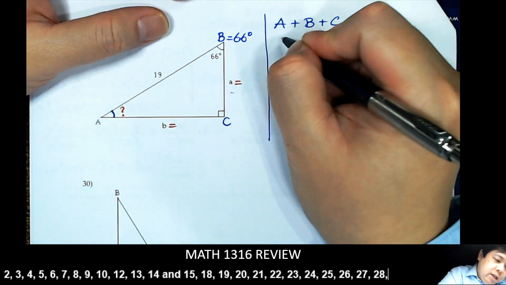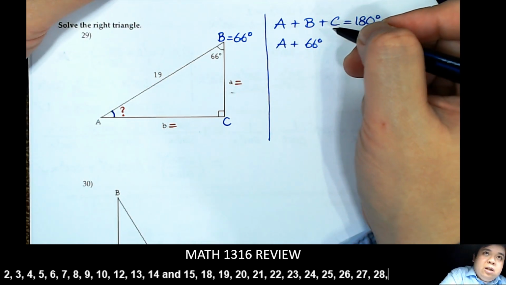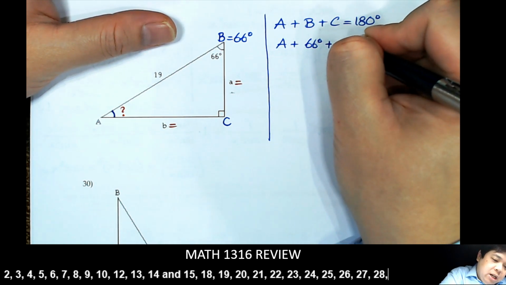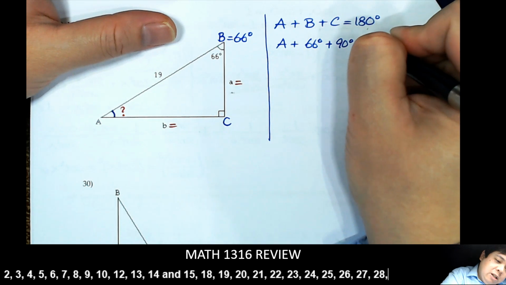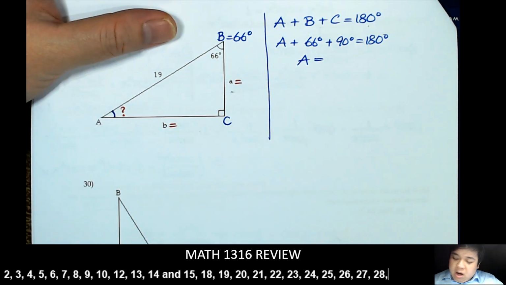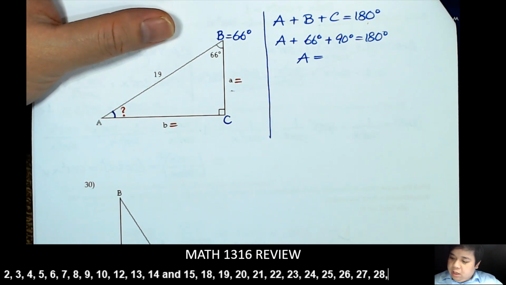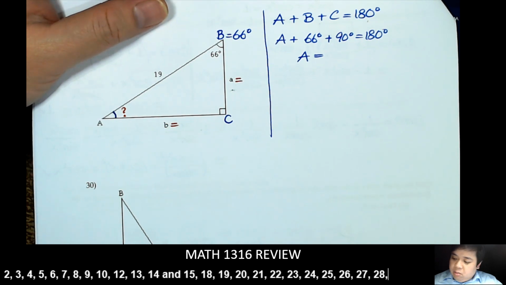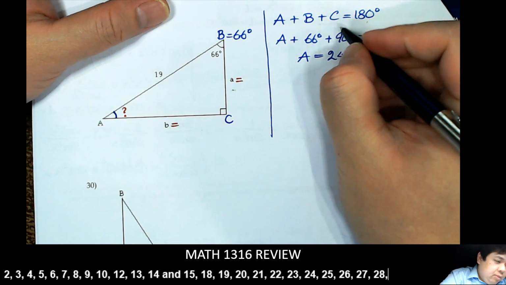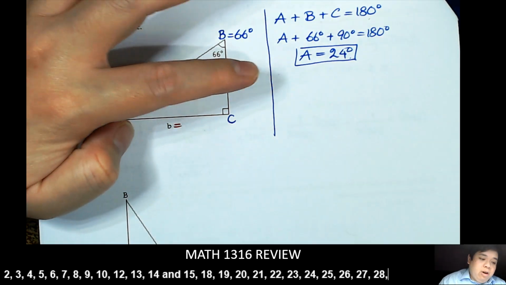So A plus B, 66 plus 90. So A, we just take 180 minus 66 minus 90. I don't need to calculate for that. So A is 24 degrees. So this is exact. And now we just need to find sides a and b.